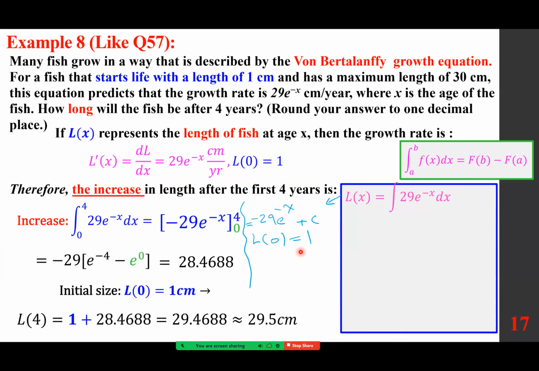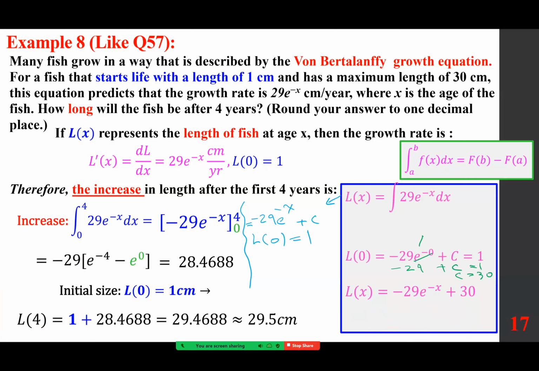Now that we have this pair, 0 comma 1, we can find the constant and it becomes a particular solution. So let's plug in. As you know, this is 1. So we have minus 29 plus C equals 1. C becomes 30. This is the formula.